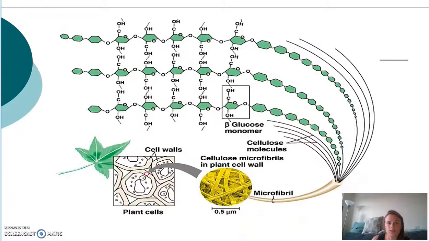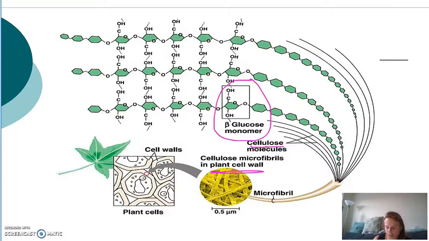So let's take a look at the structure of cellulose. So here you've got beta glucose monomers, and when they are joined together using dehydration synthesis and forming glycosidic linkages between those monomers, they make up cellulose. And the cellulose is going to be found in the plant cell walls and offer structure.